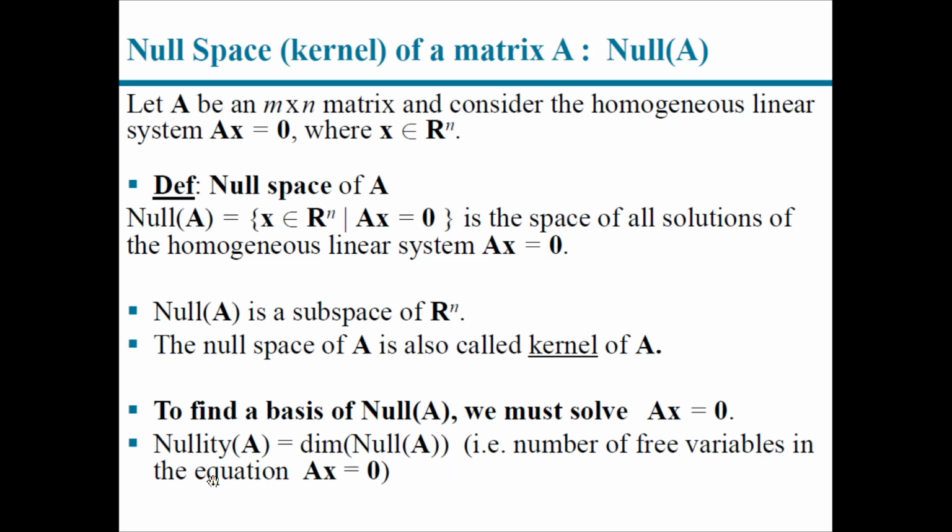It's up to you if you want to remember one more name, nullity A. This corresponds to the number of free variables in the equation Ax equals 0. That's something we are going to see again. So the null space is just the space of solutions of Ax equals 0, nothing else.